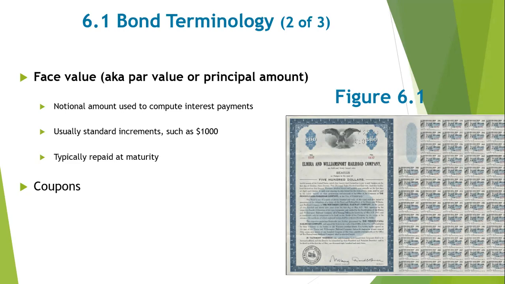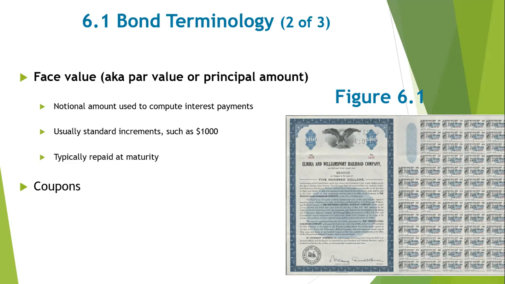As you see again in figure 1 is an image of a bond. Bondholders would clip off the next coupon on payment date and present it for payment. So that coupon is what you see at the right.